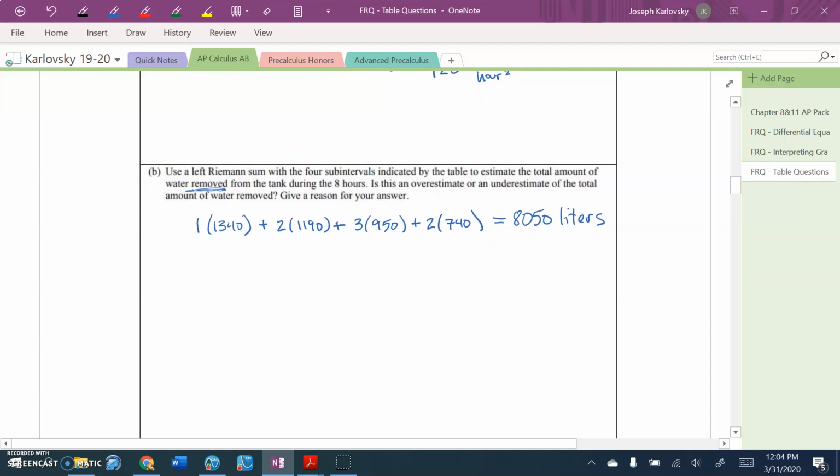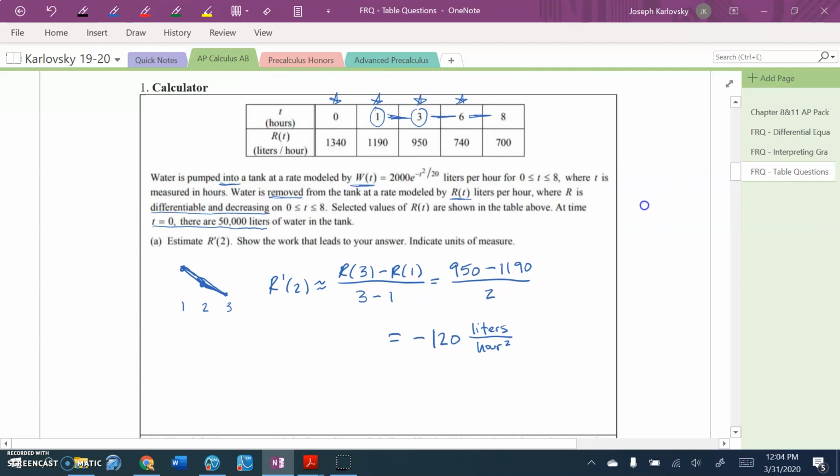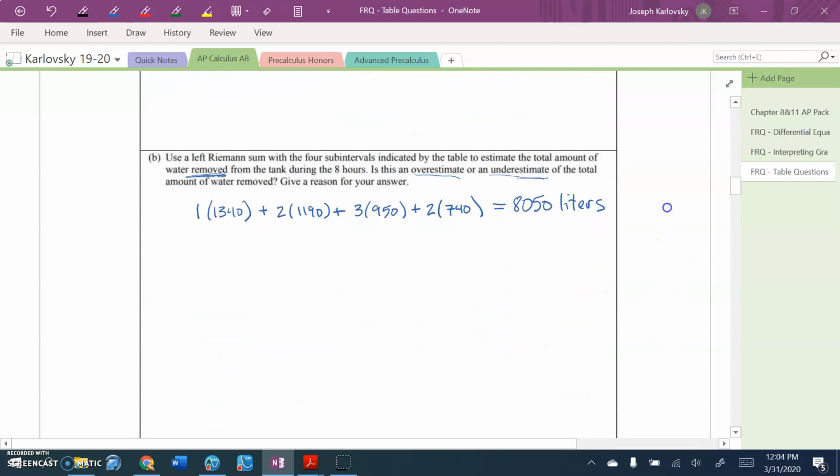So we now have the left Riemann sum to approximate the total amount of water removed from the tank. Now, is this an overestimate or an underestimate? This is where every word matters. It tells us in the beginning that R is decreasing. If I know a function is definitely decreasing, then my left Riemann sum approximation will always be an overestimate, because no matter where I make my rectangle, big or small, this is an overestimate.